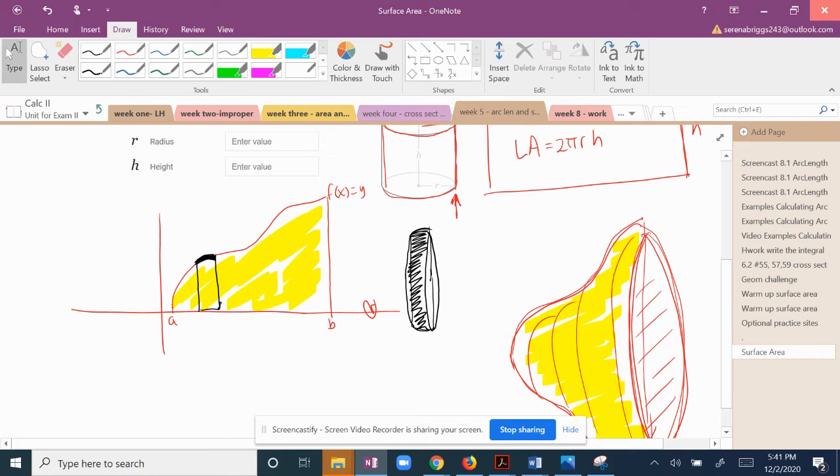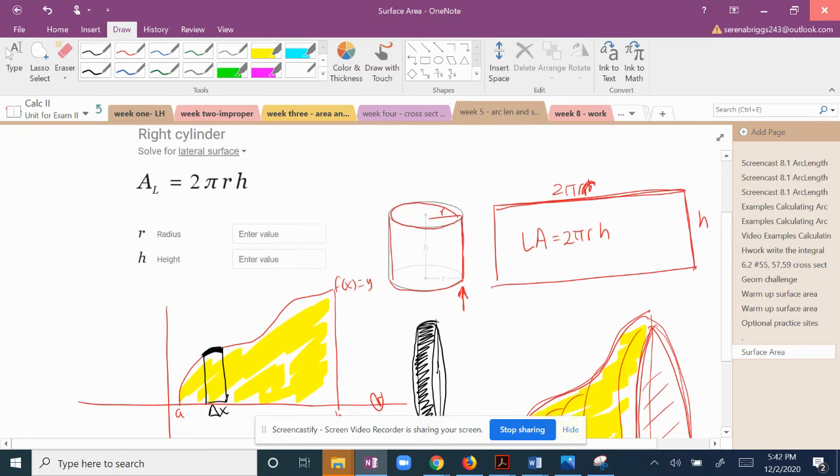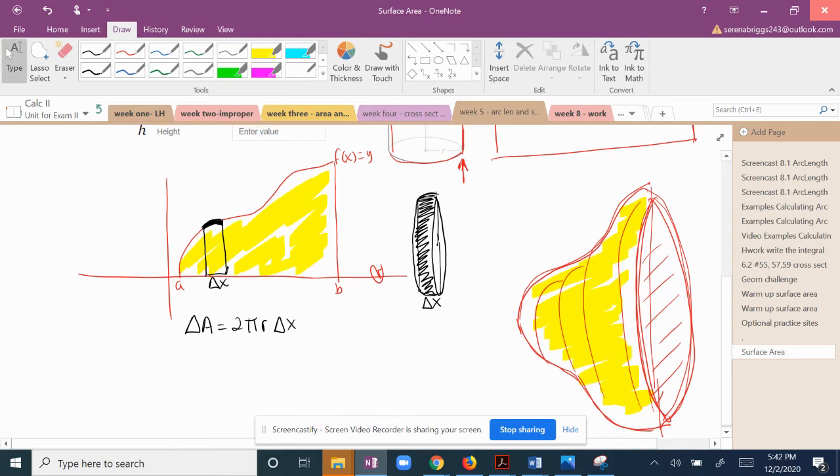It looks almost like a cylinder, so why don't I just say that the delta area, the lateral area of one slice, is 2 pi the radius times delta x? Because delta x is my little slice there, so that would be the height of my cylinder. And I'll call that radius the radius of revolution.